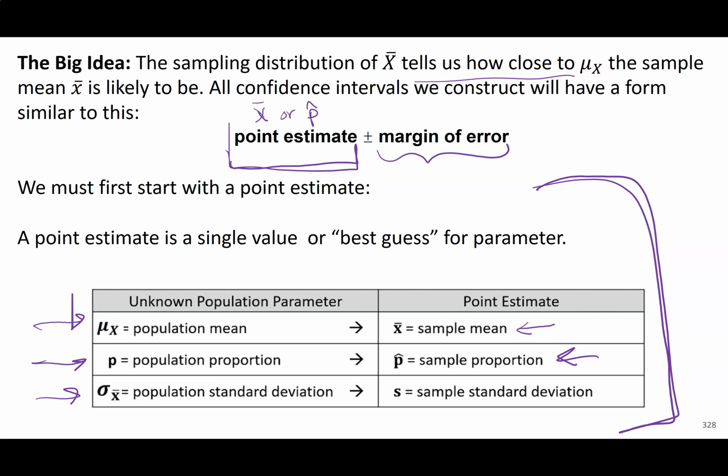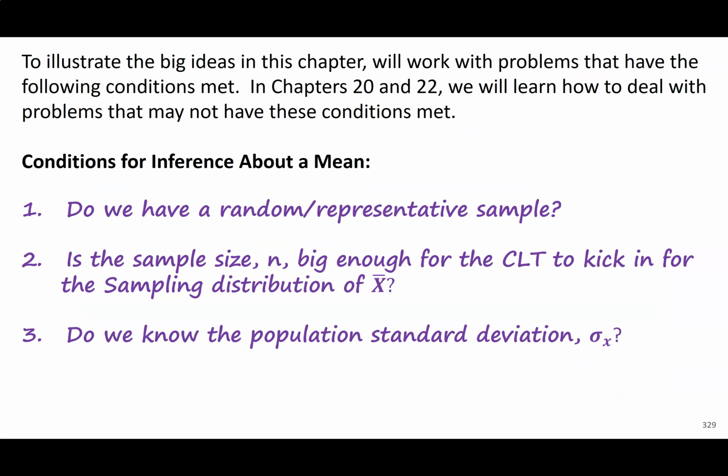Standard deviation for your population, you're going to start off with the standard deviation from the sample. Although note, sigma, S is biased for sigma. It's not an unbiased estimator.